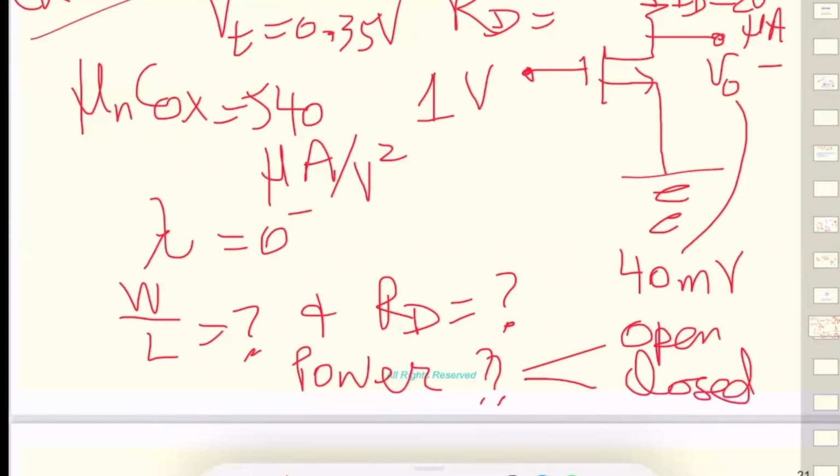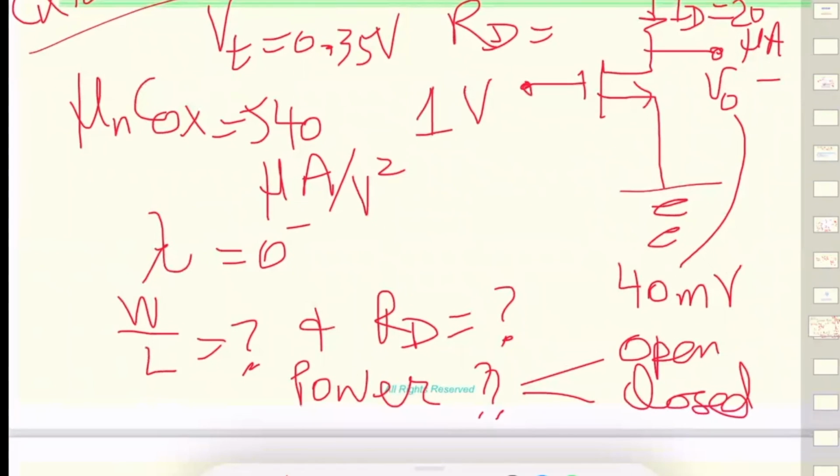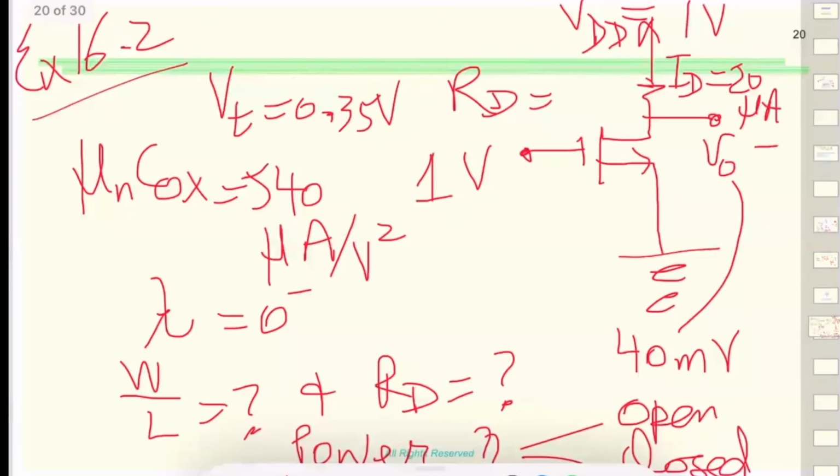All right. So first thing, the inverter operates in triode region, right? So we are now not going in the saturation. So we know which equation to use. That's number one. Number two, we will be using the small RDS situation because in triode VDS is small.